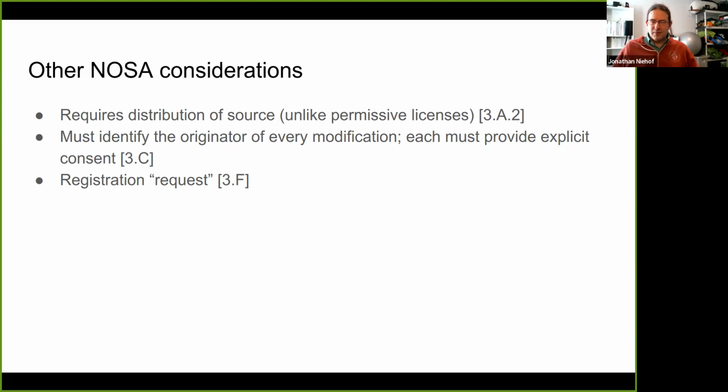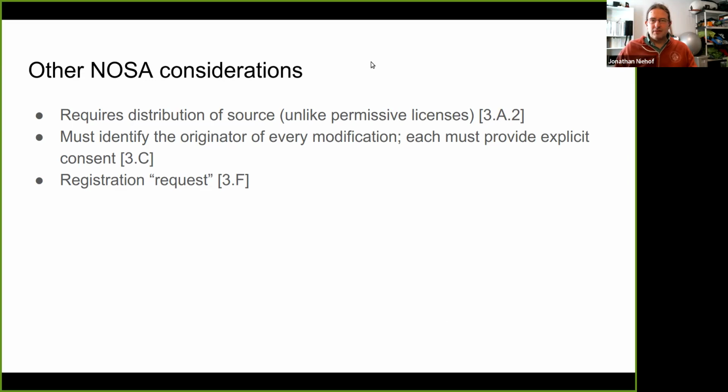I think this is part of what Rebecca was talking about. There's also a request that anybody who uses the software register it. So it's in this document of legally binding requirements. There's this, well, we ask you to do this, but you don't have to. So there's lots of bits of weirdness there.